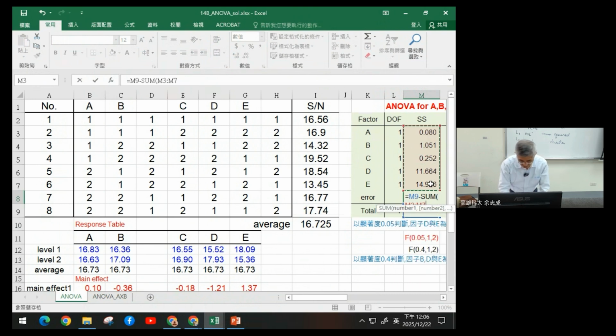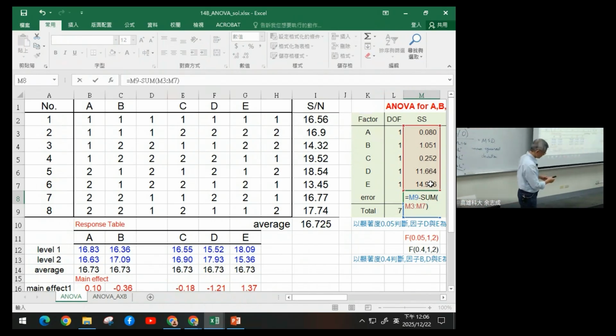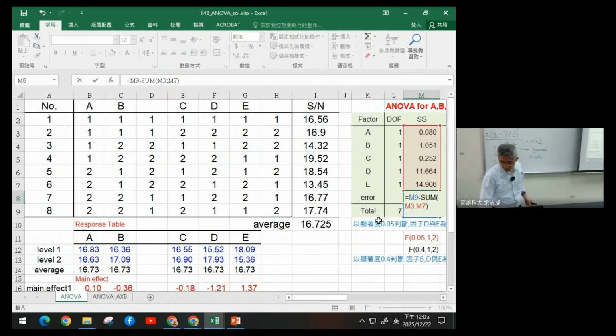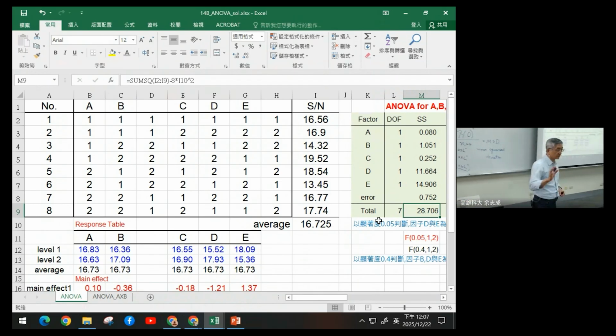This is the sum square due to main effect. Okay? Here, total sum square minus the sum square due to main effect A, B, C, D, E. The rest will be the sum square due to error, 0.0752. Any questions?